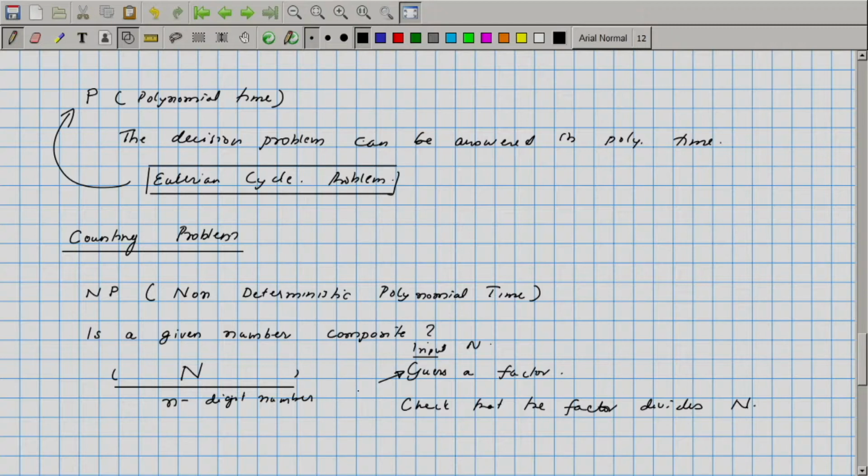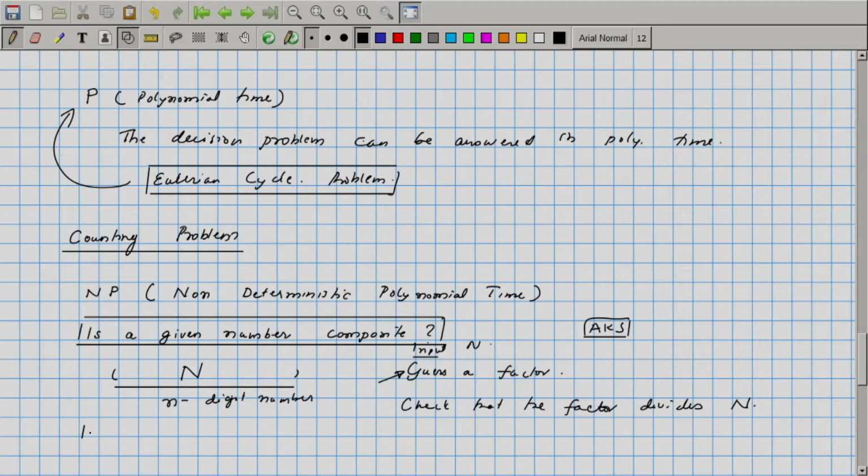Of course, for composite numbers there are wrong guesses, but for every composite number there is at least one right guess, and therefore, we will say that this decision problem, composite versus non-composite, is in NP. There is of course the polynomial time AKS algorithm, which checks whether the number is composite or not, and it does not involve any guessing.